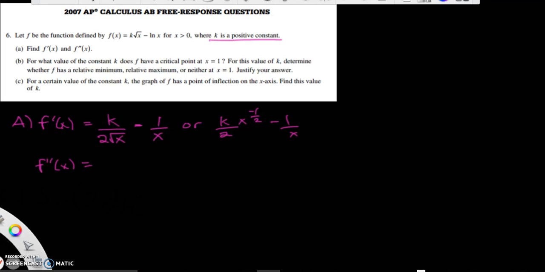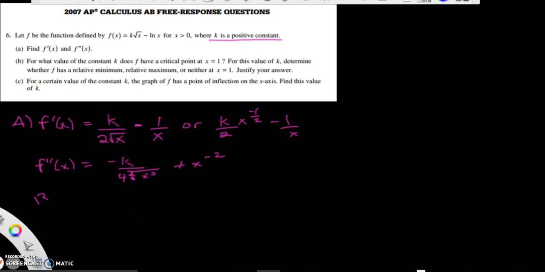So now the derivative of this is going to be negative k over 4 x to the 3/2 in the denominator, and the derivative of 1 over x is x to the negative 2.